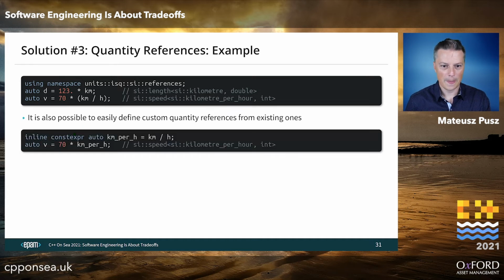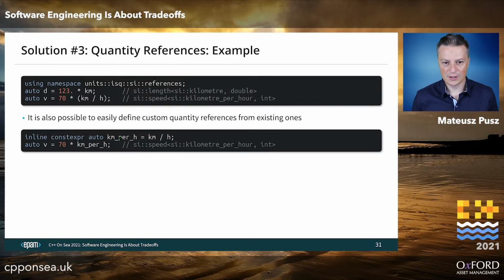Additionally, you can easily create your own reference if you need. If you prefer to type kilometer per hour, you can just spell this one and name it auto, and then just use it for your convenience.